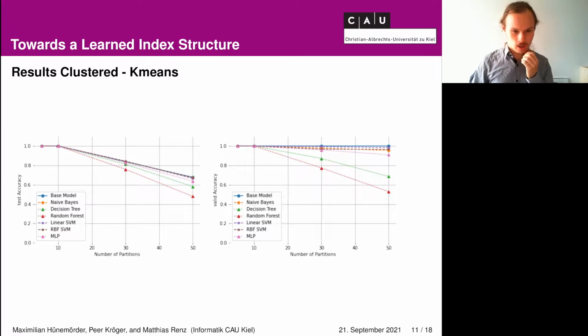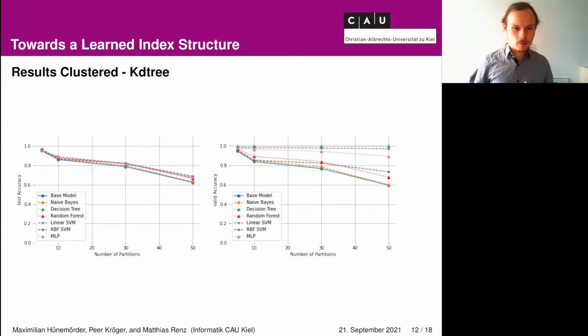We can see, since it goes down, we have the base model, which performs best, but also the naive Bayes and the RBF SVM, since they both can easily decide the same structures as k-means itself.